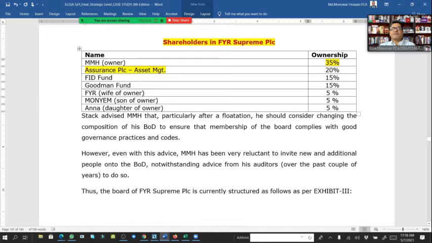His wife has 5%. One of his sons, who now runs the business, also takes 5%, and his daughter takes 5%. Total 100%.